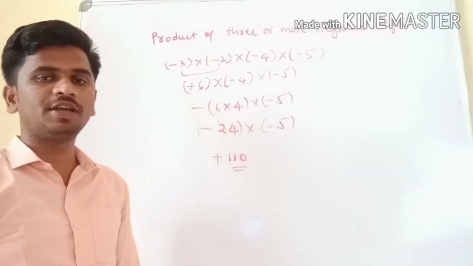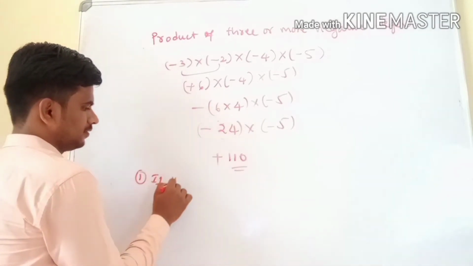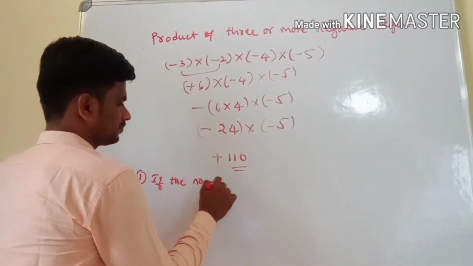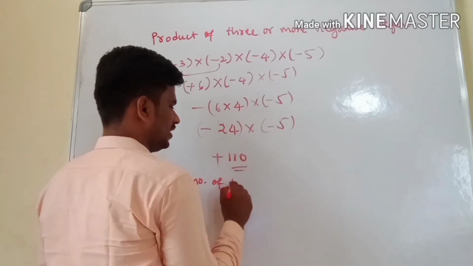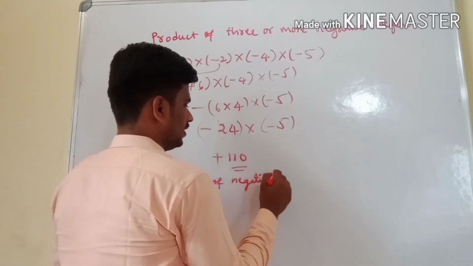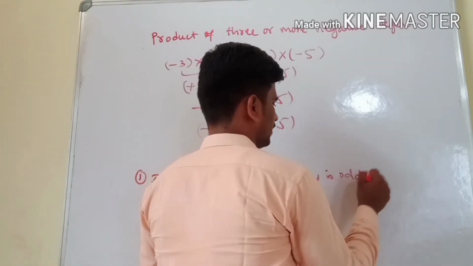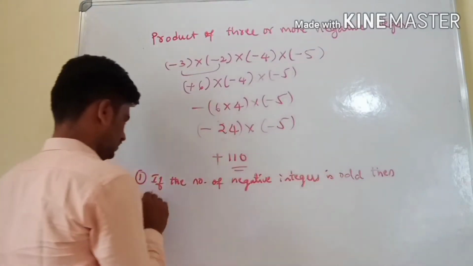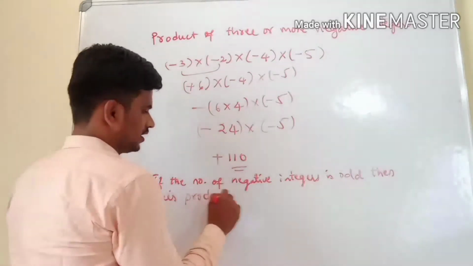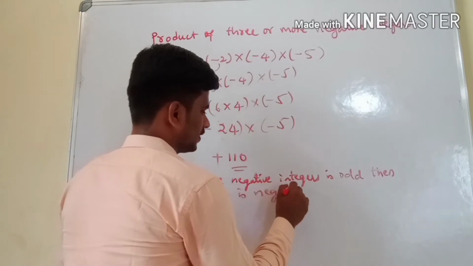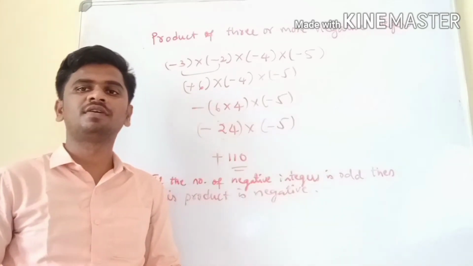By this, we can conclude that if the number of negative integers is odd, then their product is negative.